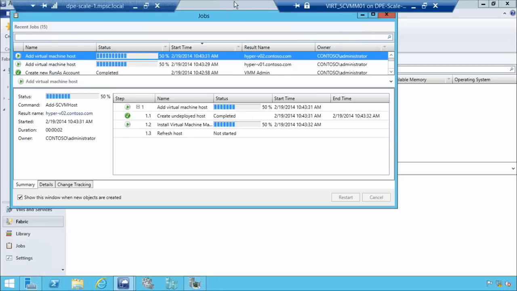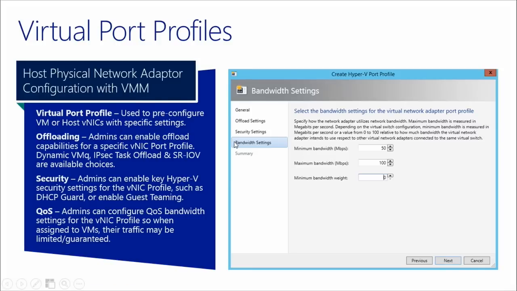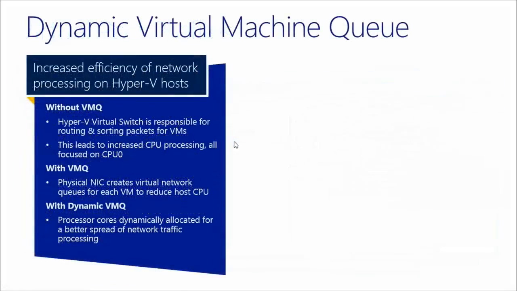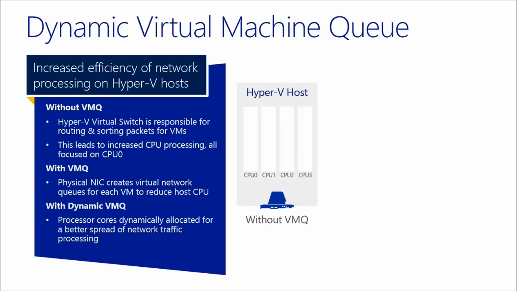Let me just pop back to the slides and elaborate on just one or two more networking bits, because I'll cover some of these port profiles and stuff when we get back. One of the features that is new in Hyper-V in 2012 and 2012 R2 is something called Dynamic Virtual Machine Queue. VMQ essentially utilizes the processor and network card that have VMQ capabilities to better process network traffic.